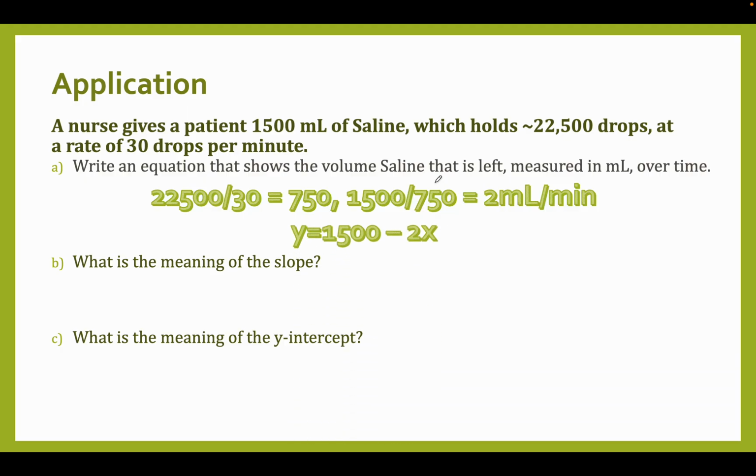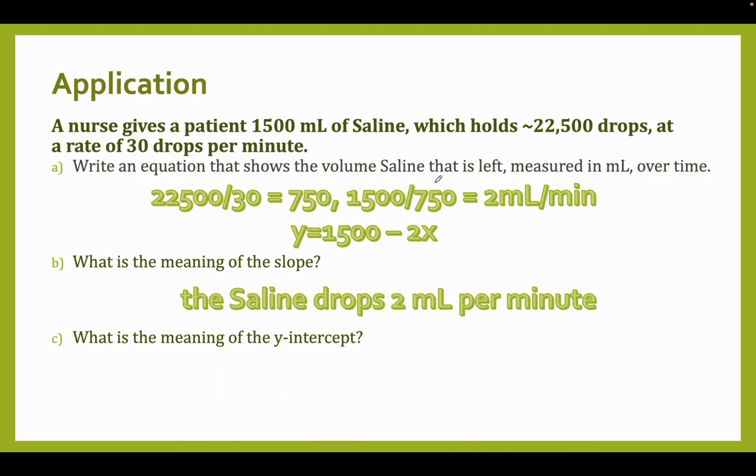It means our slope is a loss of 2 milliliters per minute, because what it asks for is how much is left. Starting with 1,500 milliliters, losing 2 per minute, the initial amount is the y-intercept of 1,500.